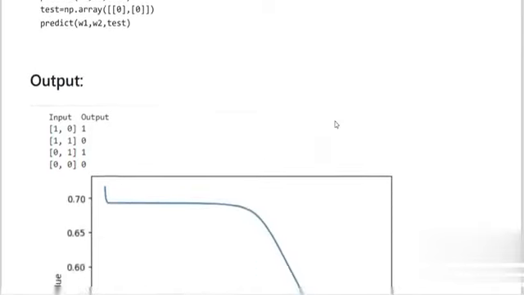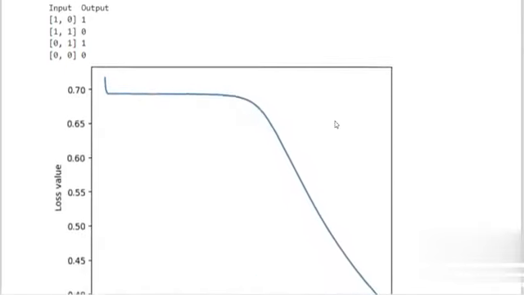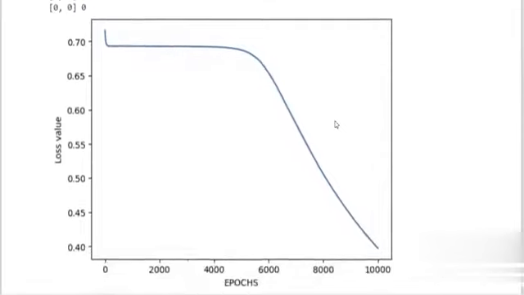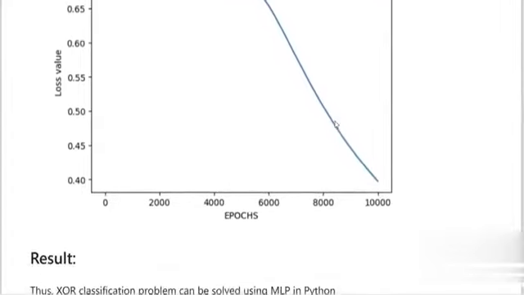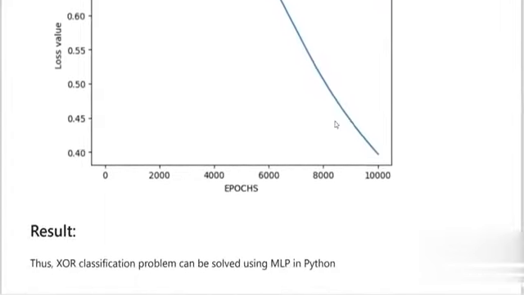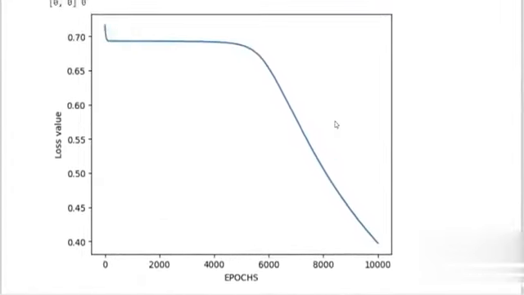Each test input is passed to the predict function, which uses the forward propagation function and the trained weights to make predictions. The output of the discussed code is the relationship between the loss value and epochs. From this, we can identify the loss value for the given input data.